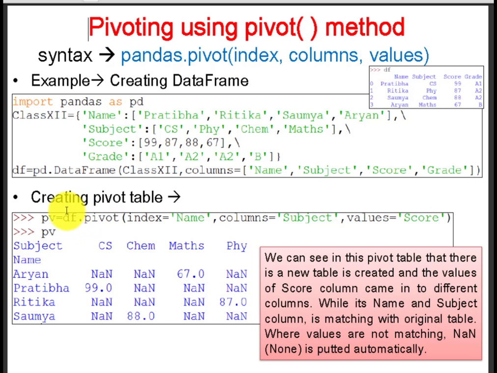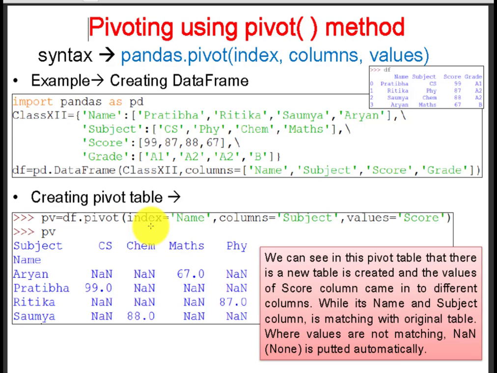You place that name. So df is our data frame. So df dot pivot, we convert it into the pivot form. Simply call the pivot method, and then you pass three arguments.